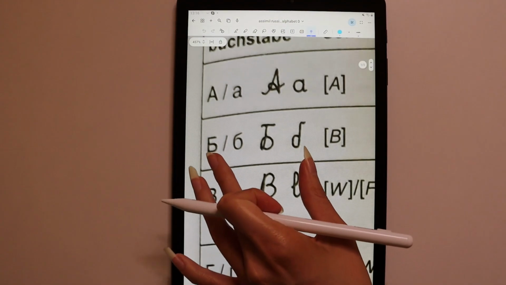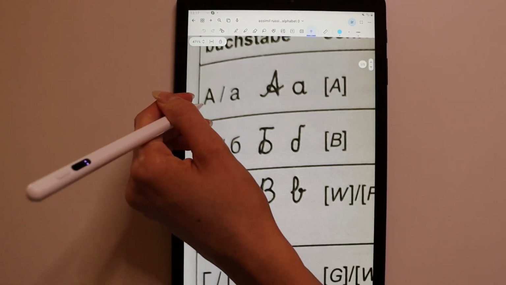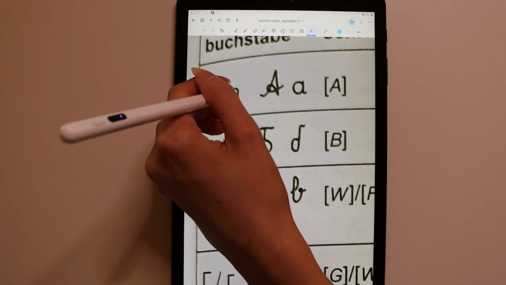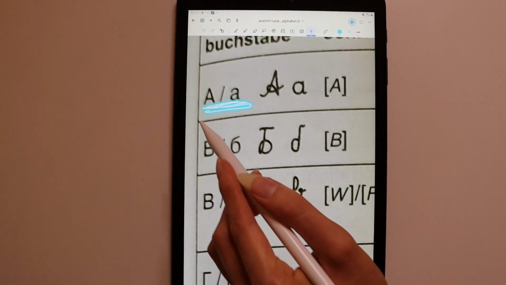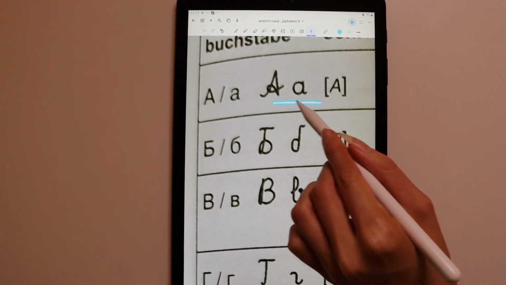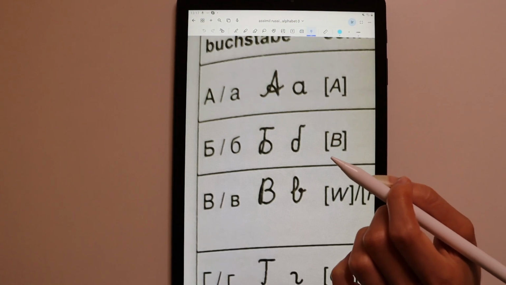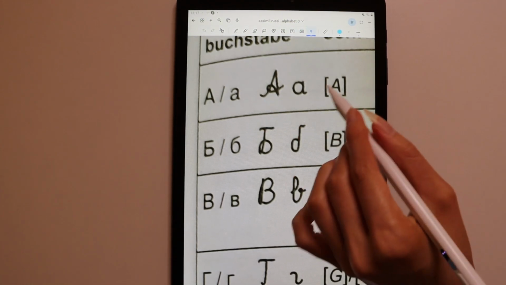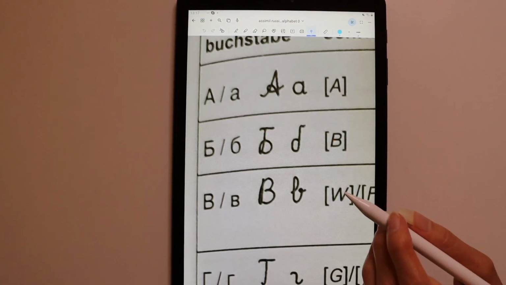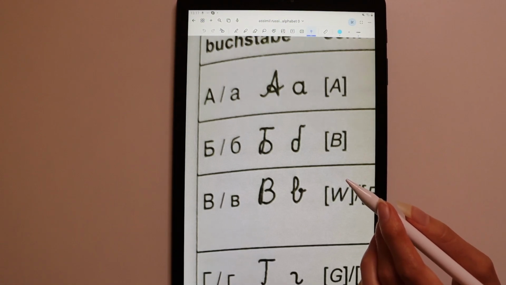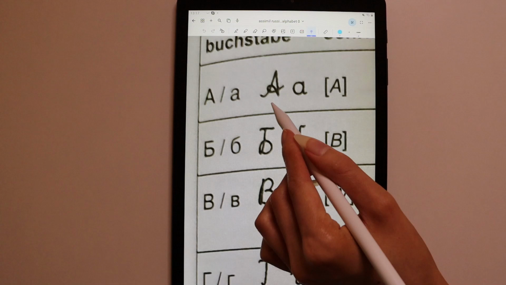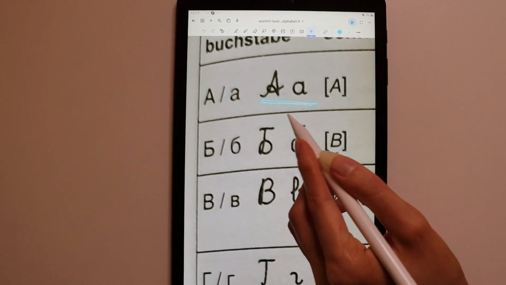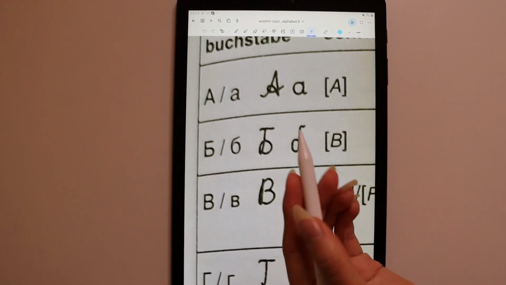A, and this is just like in English. Like it's written the same. These are the print versions and these are the cursive letters, so the handwriting font. And in fact, if you would like to write in Russian, you probably will eventually end up using the cursive letters, because this is how people usually write.